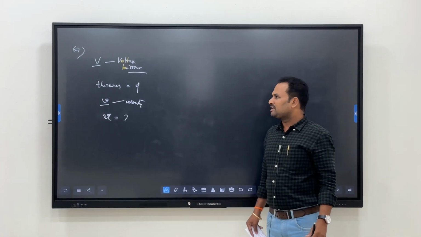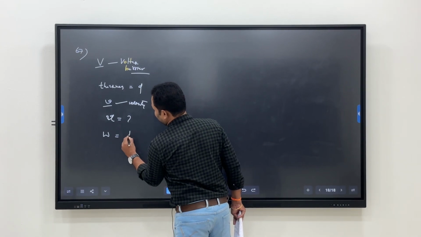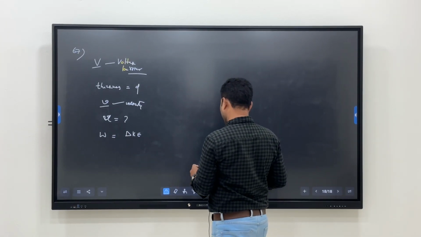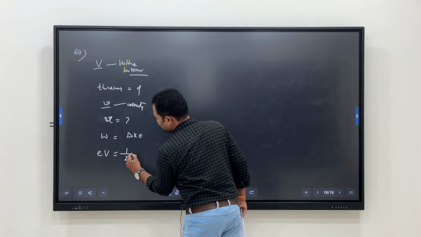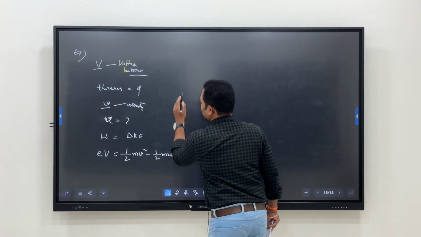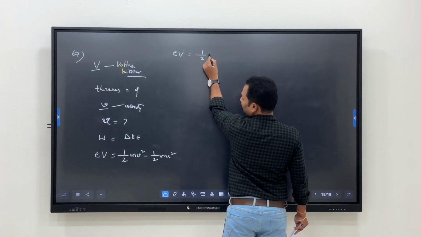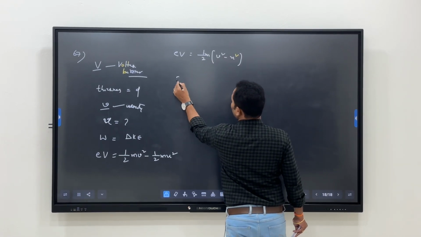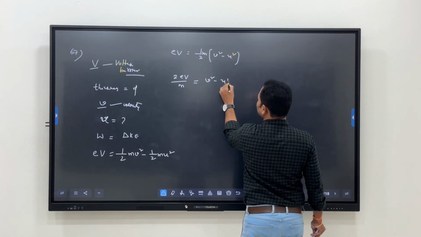Here a charged particle is moving. Work done by the force is equal to the change in its kinetic energy. The work done is eV, and the change in kinetic energy is half m v square minus half m u square. So eV is equal to half m (v square minus u square), so 2eV by m is v square minus u square.